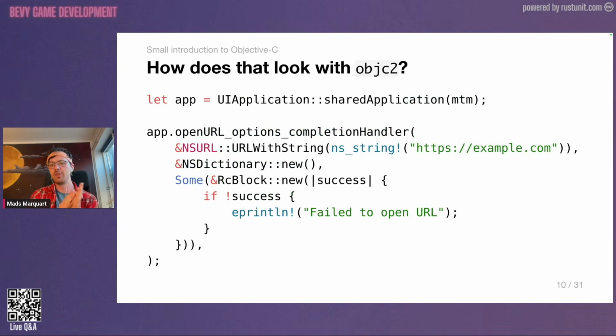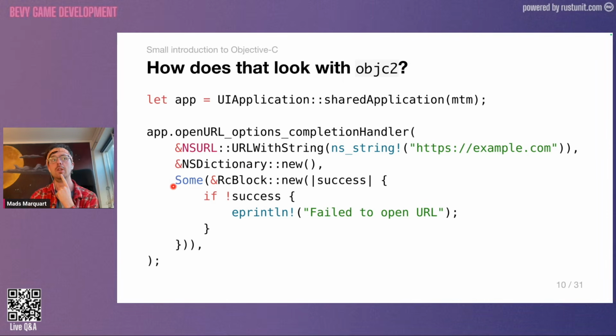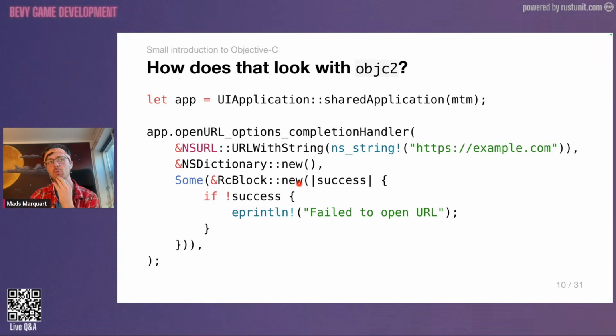So a few things here. We're using this ampersand because we're creating new objects here. We only need to pass a reference. And we're using Some here because the completion handler is optional. And we use this RcBlock thing here because we need to convert a Rust closure to an Objective-C closure.